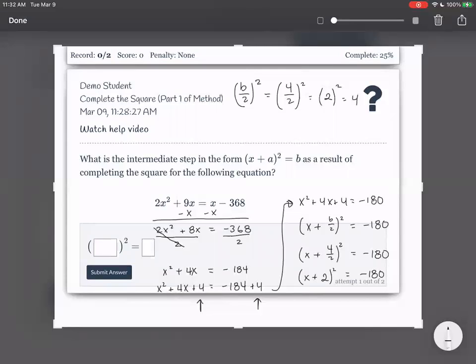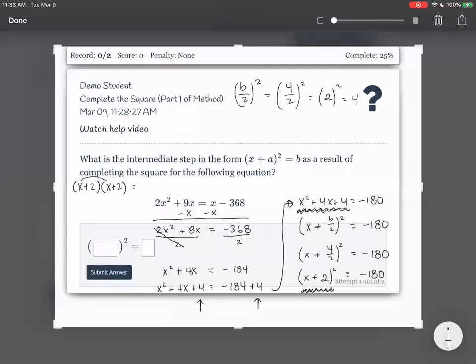Now, if you forgot why this thing and this thing are equal, I will show it to you one time just in this example. But trust me that this squiggly part and this squiggly part are exactly the same. So x plus 2 squared is x plus 2 times x plus 2, and I'm going to show you that it is equal to x squared plus 4x plus 4. To show you that, let's FOIL it.